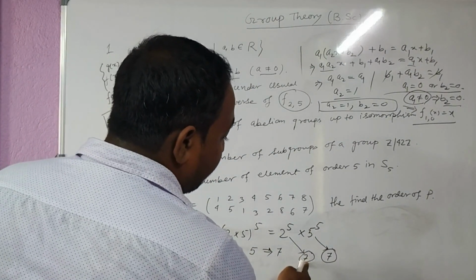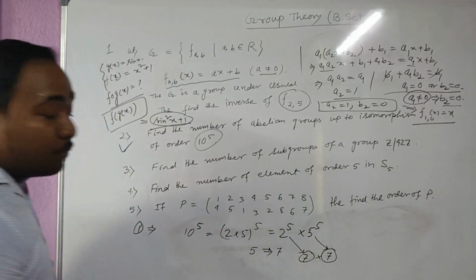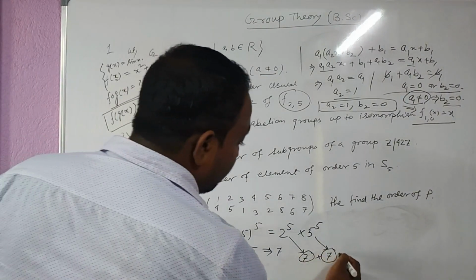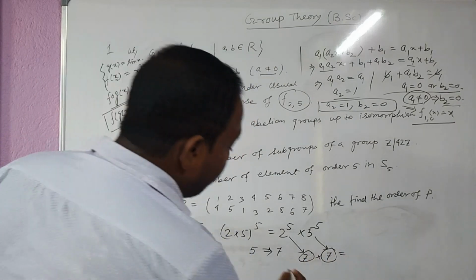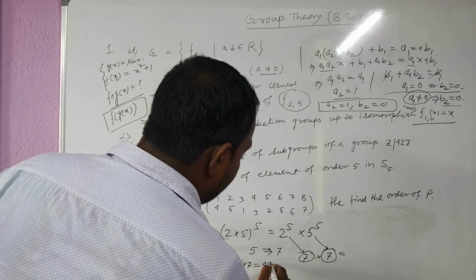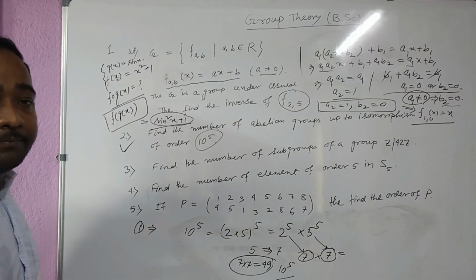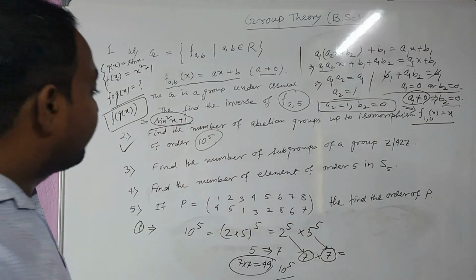Since a finite product of abelian groups is also an abelian group, there are 7 into 7 equals 49 abelian groups of this order up to isomorphism, right? So it's a very easy problem.